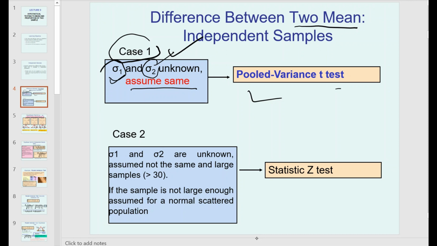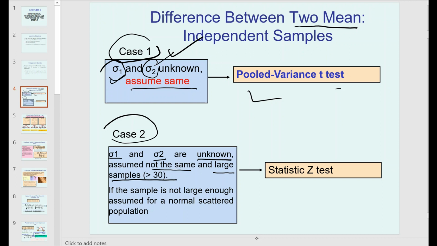Now we move to the second case, case 2. Sigma 1 and sigma 2, because we have two populations and two samples, are unknown. Same as case 1, but we assume that these sigma 1 and sigma 2 are not the same, and we assume that we have large samples. What does it mean?